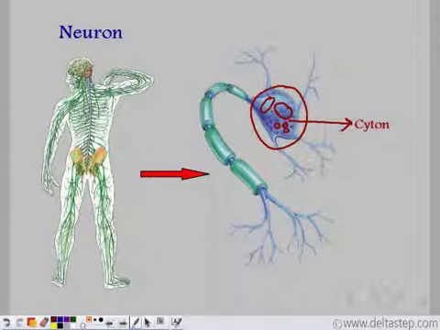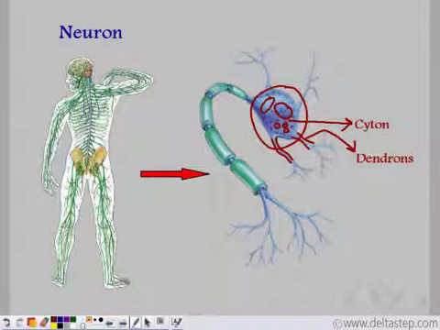Now also notice there are these processes coming out from the cyton. These processes, the thicker ones, are known as the dendrons. So these are the dendrons.